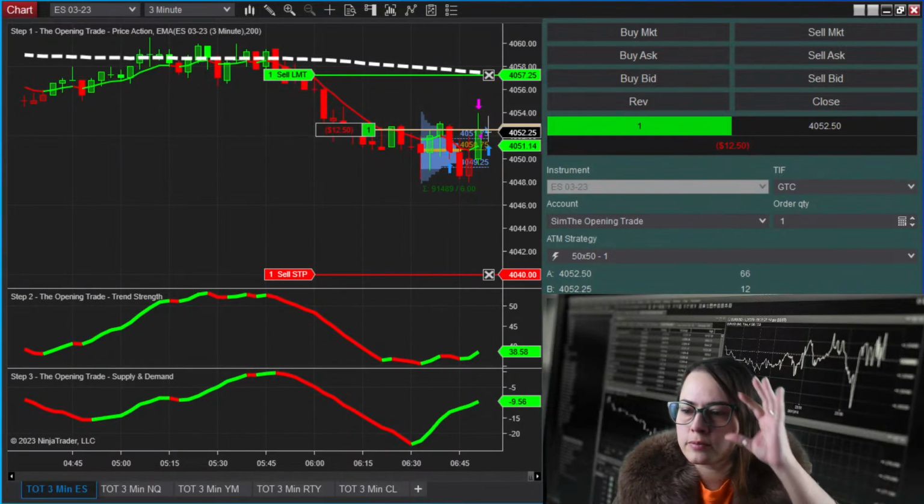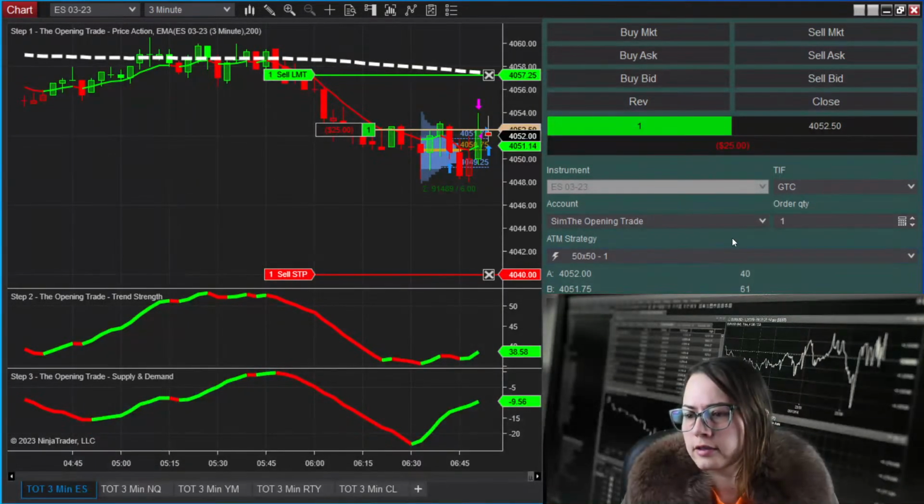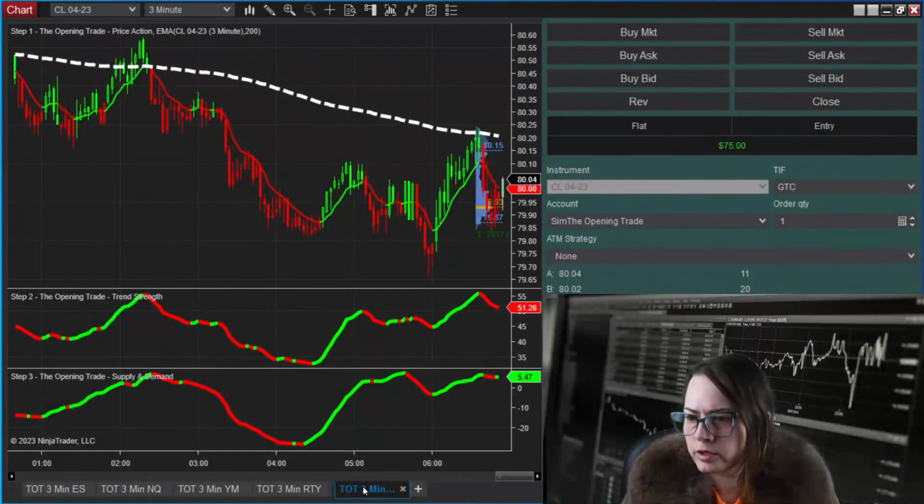Again, I went into another manual trade here on the S&P 500. So if you watched, that first manual trade I did was a winner of $75. Now I'm in my second manual trade of the day and we're keeping an eye on it. Let's take a look at the crude oil market.